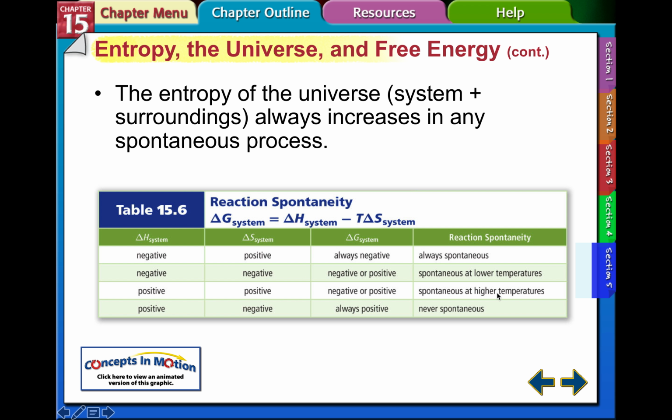The entropy of the universe, which is the system plus the surroundings, always increases in any spontaneous process. So you can take a look at this chart and you can see how this equation compares depending on the delta H of the system, the delta S of the system, the delta G of the system, and what the reaction spontaneity would be.